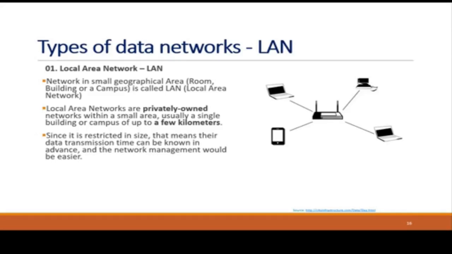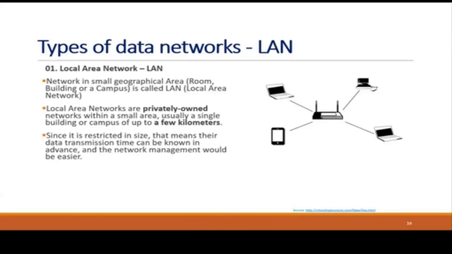So if you consider your house, the network that you have around your router, that is also a LAN, a simple LAN. It probably has to be a building, room, or maybe a campus with one particular building. There can be a few buildings together.